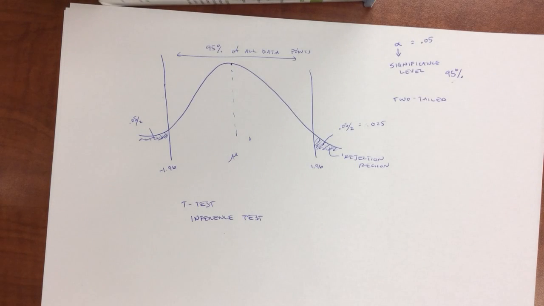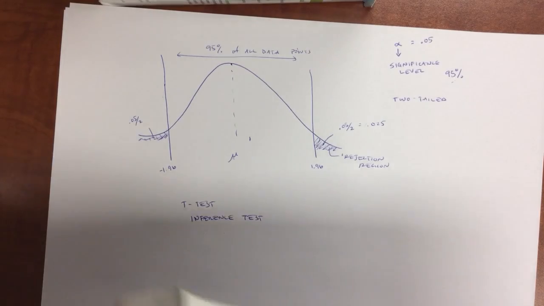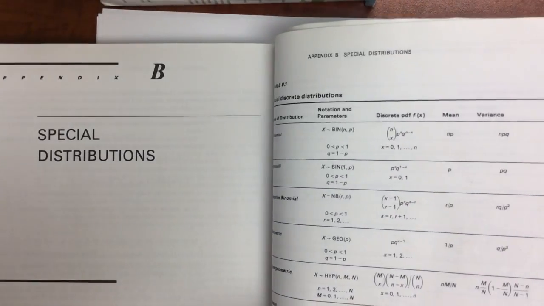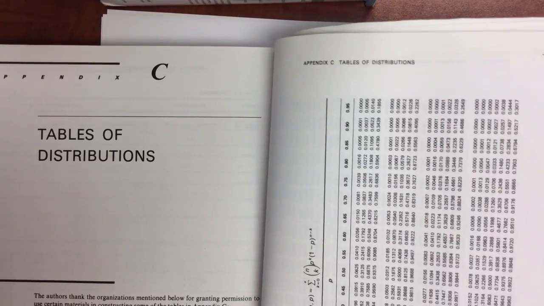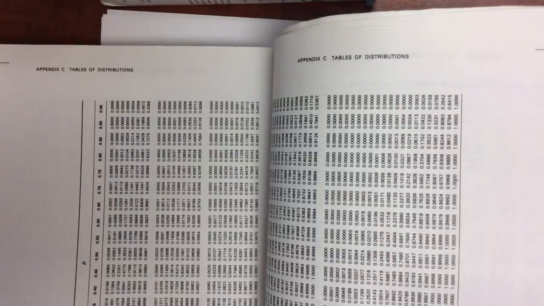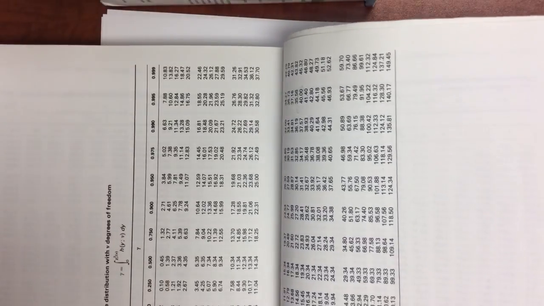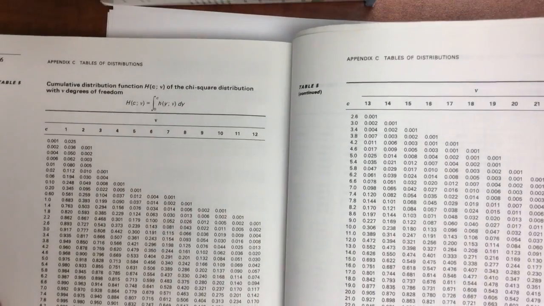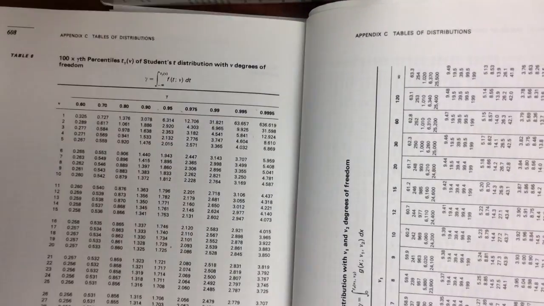So let me pull up my book real quick to show you what we're talking about. I'm going to pull up the back of my stats book that I used as an undergrad. Just want to make sure we get these numbers right. I'm going to look at my t-statistic, not a chi-squared.